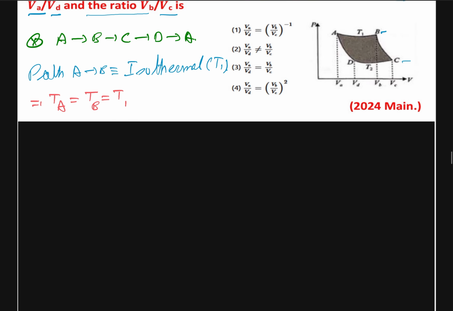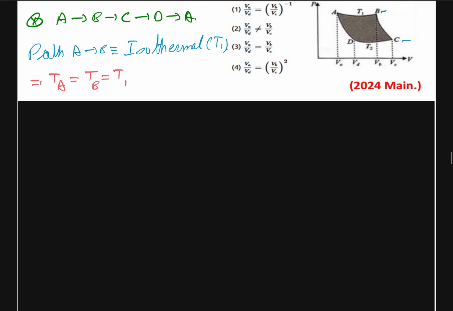And we can use our ideal gas law, which gives us that PV is equal to nRT, and here on the right side n, R and T all are constant specifically for this path AB because it is isothermal.